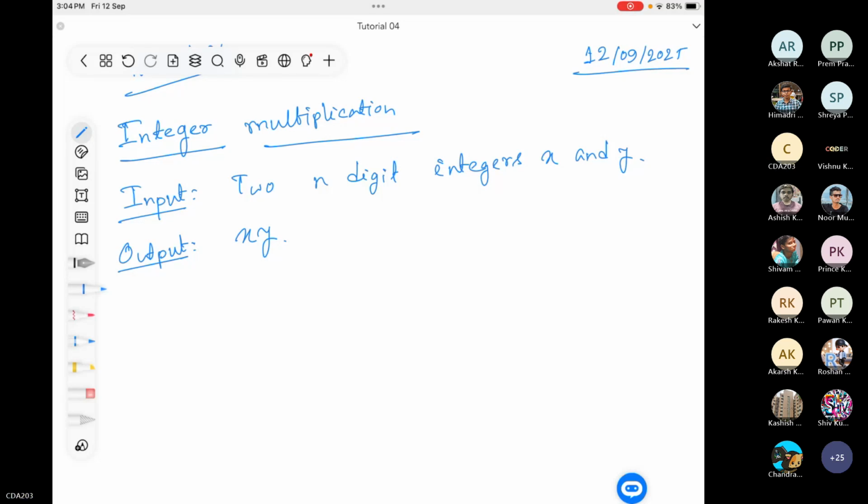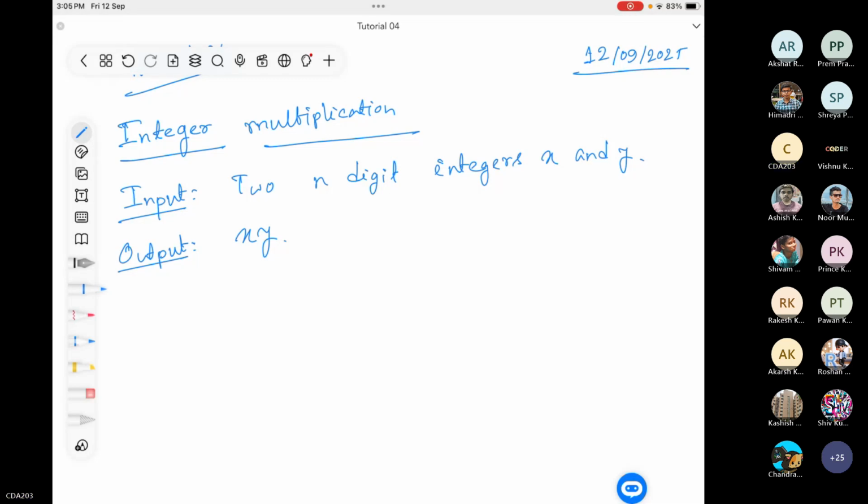So it's a very easy problem that we already know. We have covered it, I think in basic school, so we have seen this problem and we can easily solve it, right? So now think about how many operations you have to do, because these are n-digit numbers.